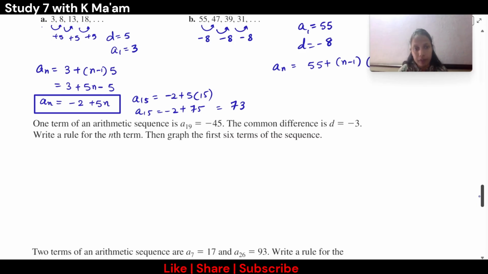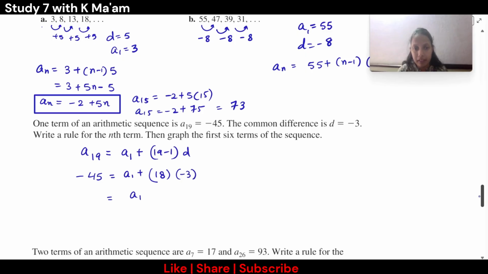How can I write it? Let's start with a19. a19 means the first term plus 19 minus 1 times the difference. a19 is negative 45, a1 as it is, 19 minus 1 is 18 and the common difference is negative 3.